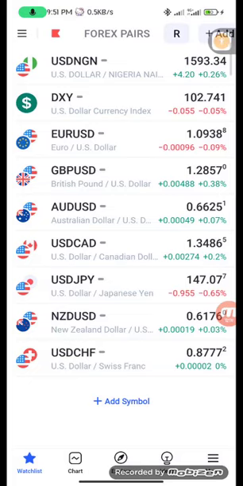I don't know if you get my point. Or let's put it this way. Currently the price in the raw market is 1.09328, but your broker is selling it to you at the rate of 1.0938. That means they are selling it with 10 pips. Don't worry if you don't know what that is, we're going to talk about that.